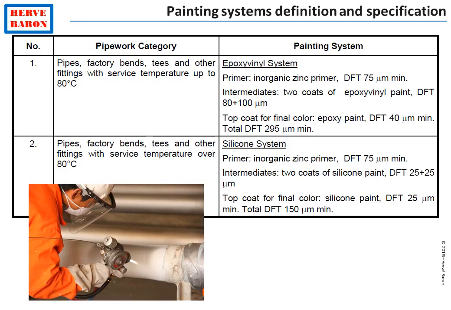It does so by defining various systems for various types of conditions, in particular the temperature of the lines and equipment. It issues a painting specification specifying the surface preparation as well as the paint system for every service.